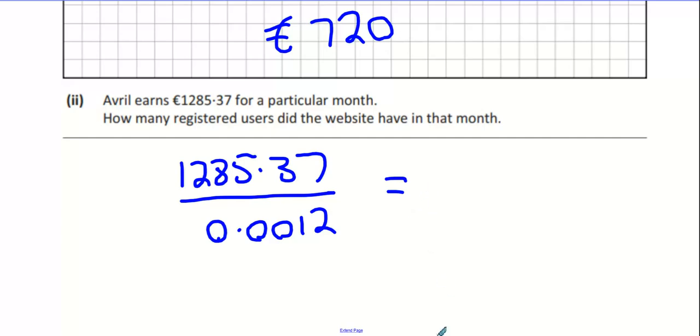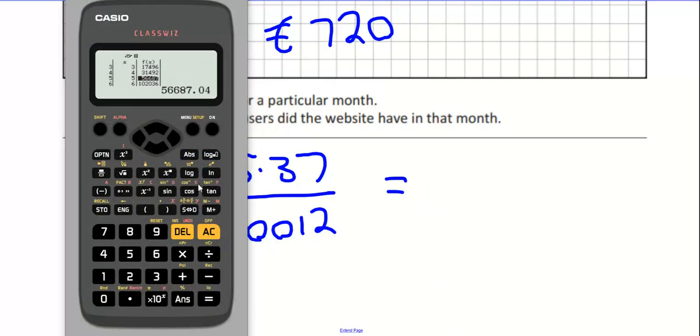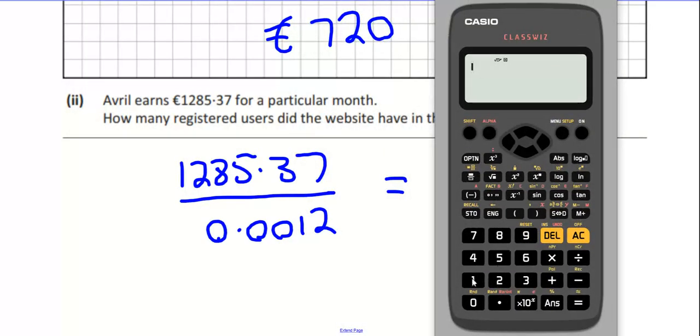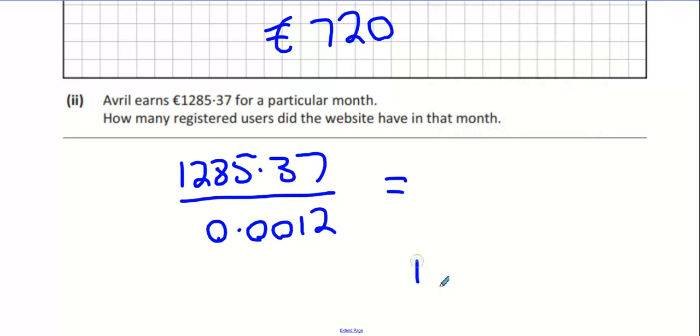Some whopper number, I'd say. Let me know when you have it. 1,071,141.667. So once again, I'd be inclined to keep 141 users.